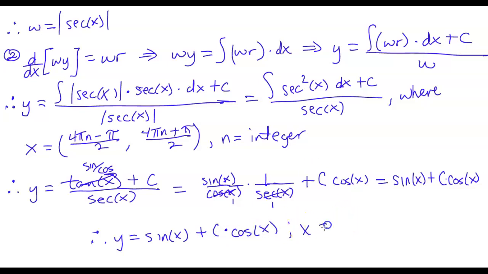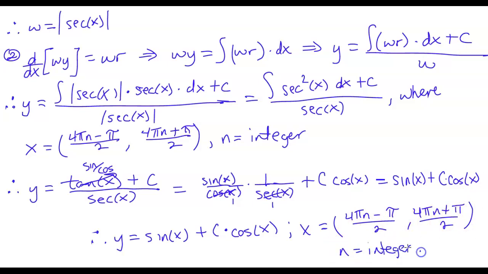And of course, the values of x that would make sense for this would be what we just mentioned earlier. I'll just go ahead and rewrite it all out. And n in this case is just an integer.